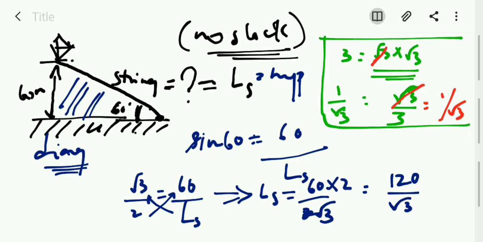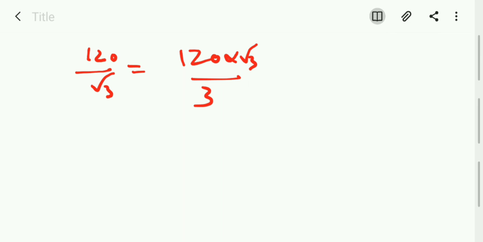So 120 into 1 by root 3, can I write it as, I'll just show you in the next one. So 120 by root 3, I can write it as 120 into root 3 by 3, correct? I'll just show you how it comes. 1 by root 3 is equal to root 3 by 3.